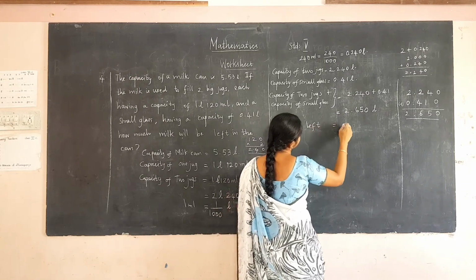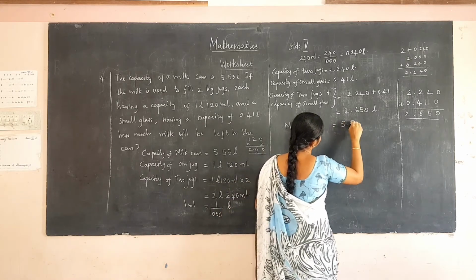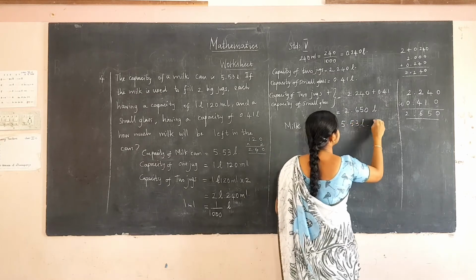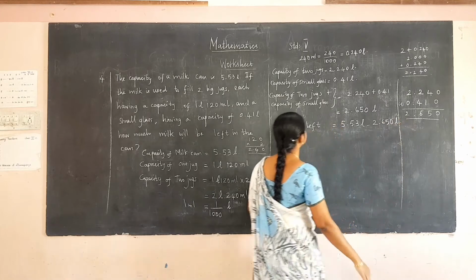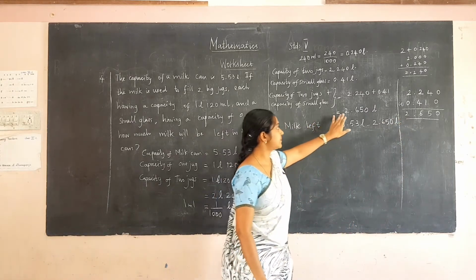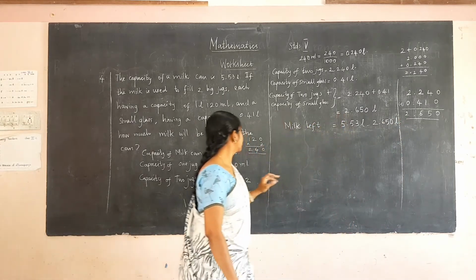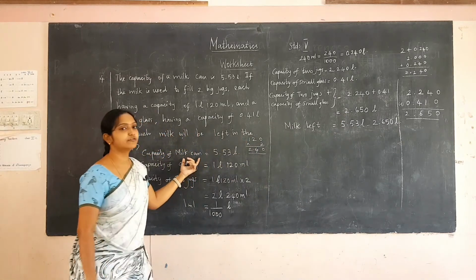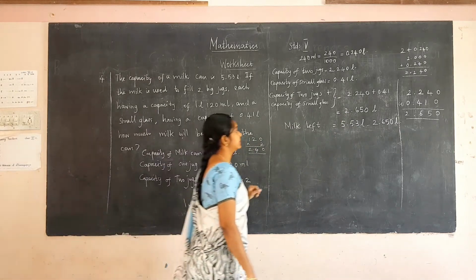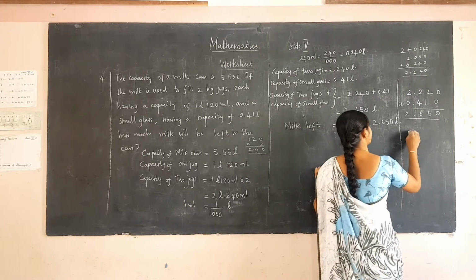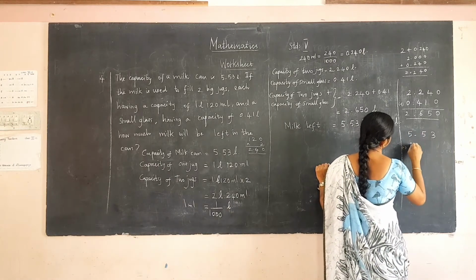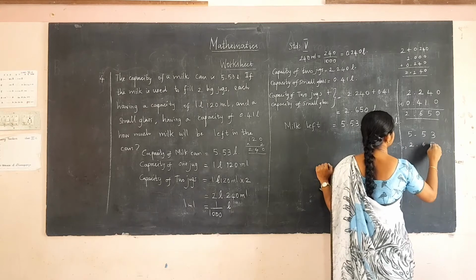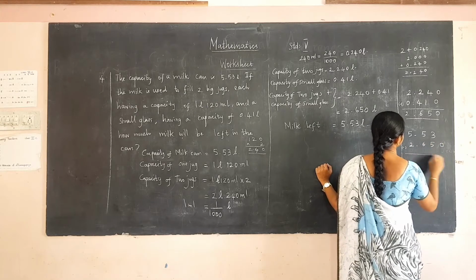We have to find milk left. Milk left is equal to 5.53 liter minus 2.650 liter. We are going to subtract this from the capacity of milk can. 5.53 minus 2.650.